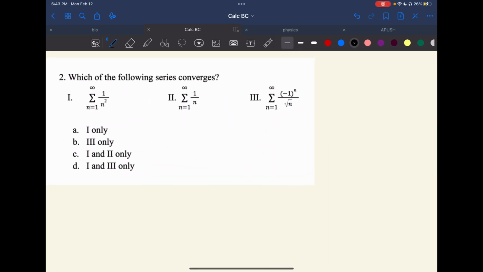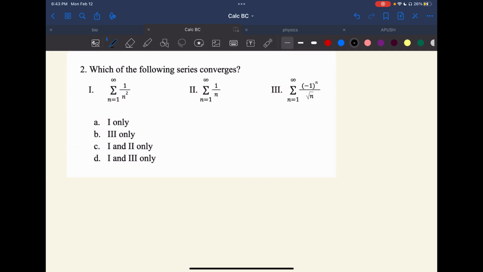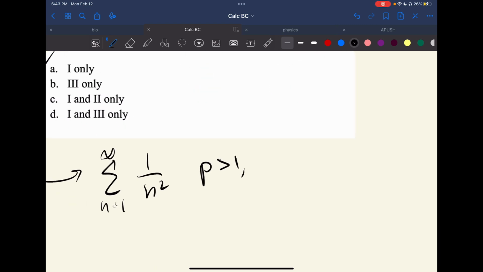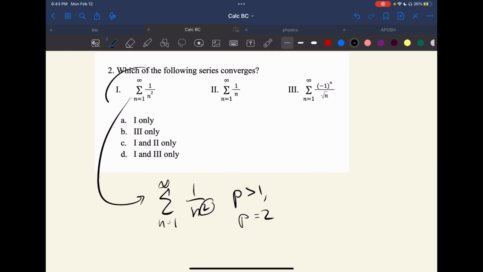Okay. In this question, we're given 3 different series and we're being asked which of them, or do all of them converge? So if we look at this one, this is a P series, it's pretty straightforward. Following the P series test, if P is greater than 1, then it converges. Here we can see P equals 2, so we know that that series converges.